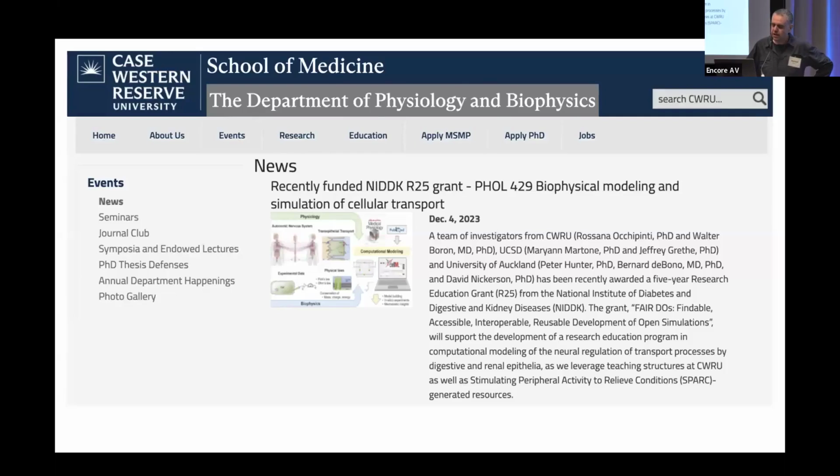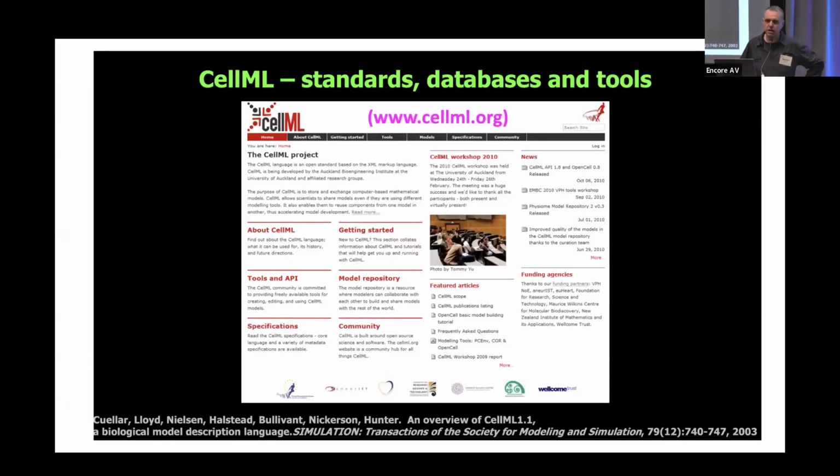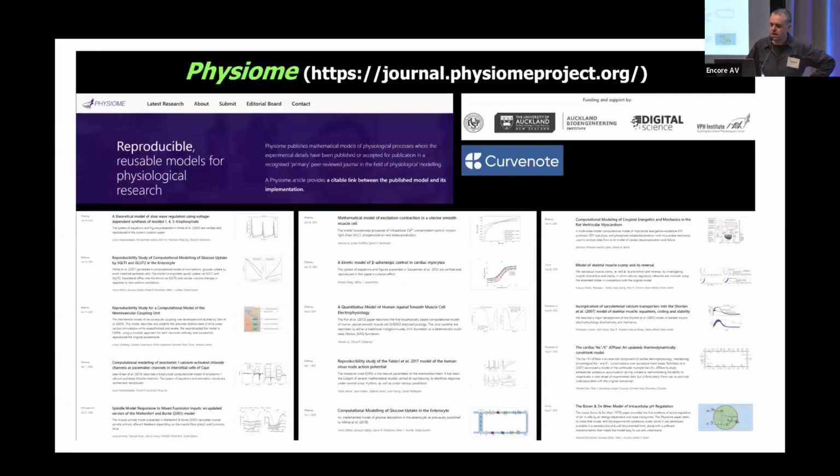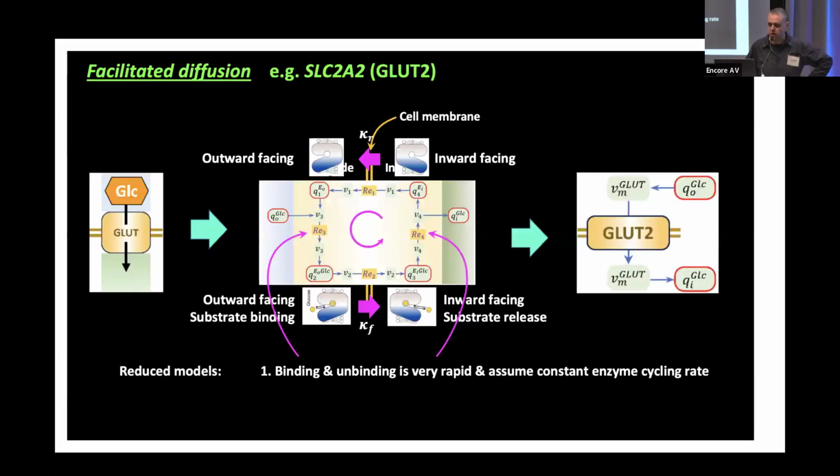And this is really looking at a modular way to construct dynamic models, in terms of networks of ordinary differential equations, for particular units of function within a cell, with particular emphasis on membrane transporters in the body. And we're leveraging this R25 to work with students as part of their MSc and PhD projects to construct new models with particular emphasis on membrane channels.